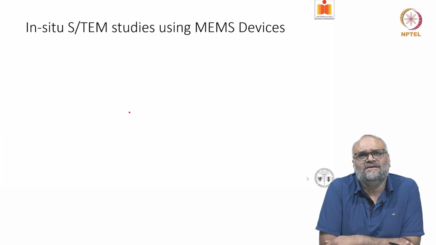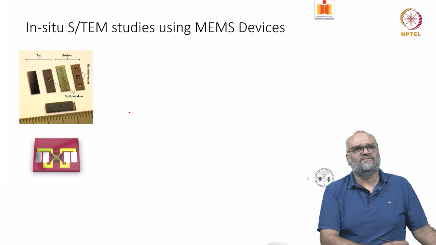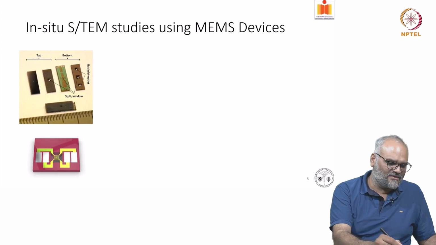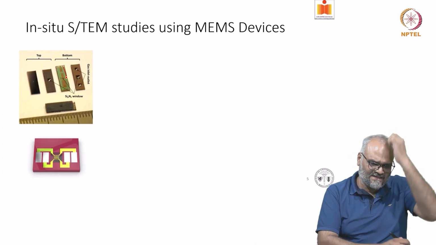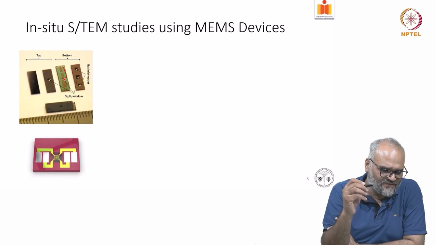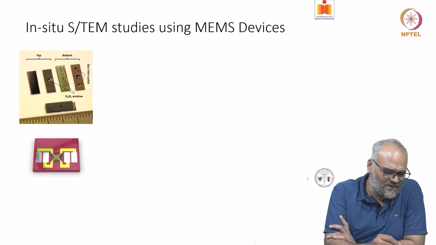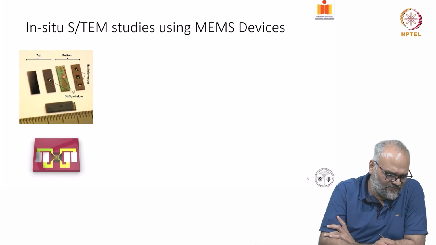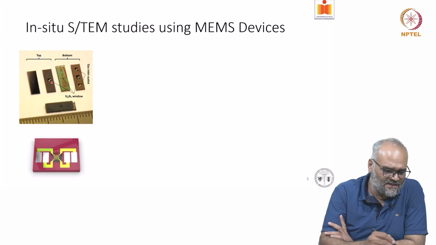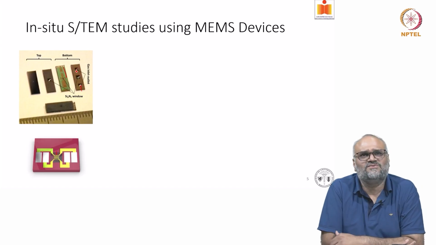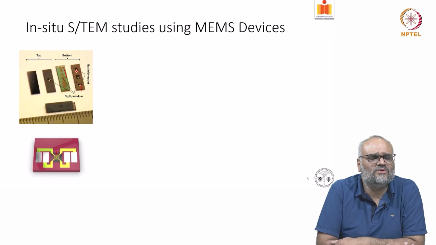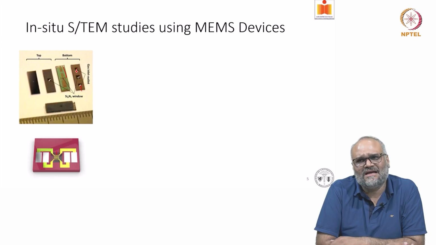So the idea is, using clean room processing routes, if you have chips like this, where on the bottom chip you have some kind of an electric circuit, and in this case it is typically a heating spiral, and you place a specimen on top of this, and you have a silicon nitride window on which you have a kind of a heater which looks like this, and you close it with another top chip, and the bottom chip has an inlet and an outlet as well. If you seal this whole assembly and introduce it into a TEM holder, you actually can have an environmental cell.